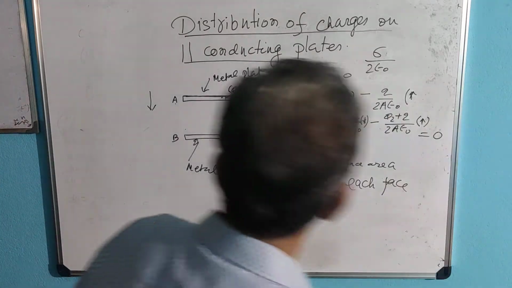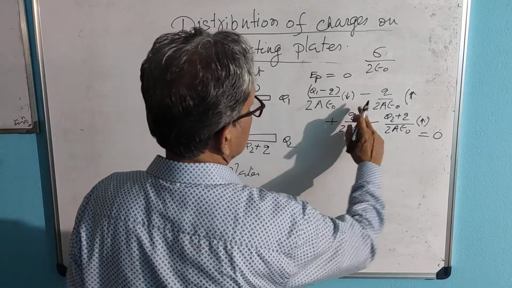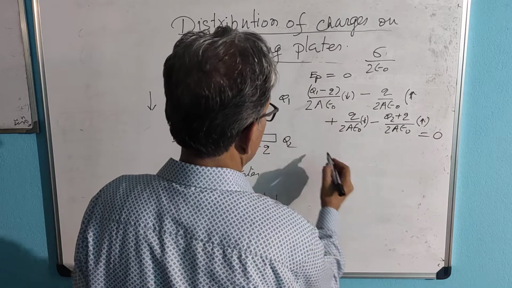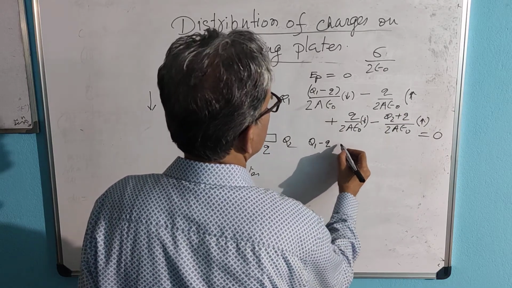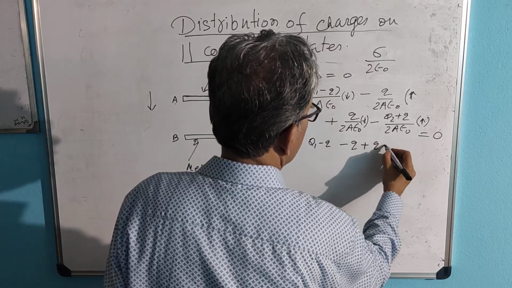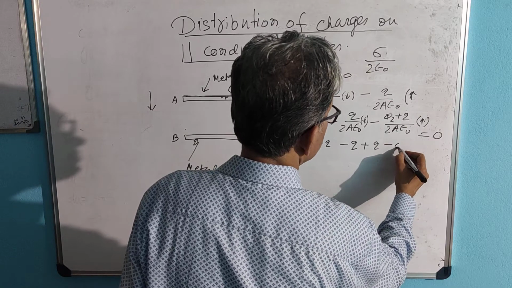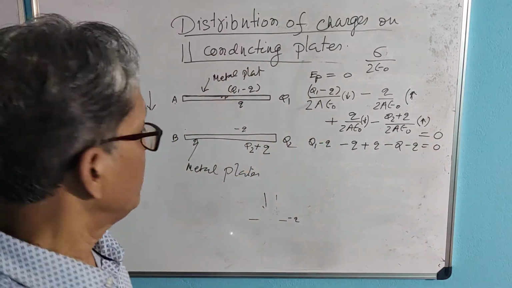Now let us see what comes out. 2 epsilon 0, 2 epsilon 0, 2 epsilon 0, all cancel out. Q1 minus Q minus Q plus Q minus Q2 plus Q, that means minus Q2 minus Q, this is equal to 0.